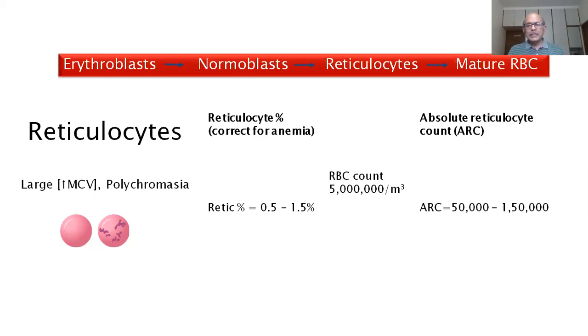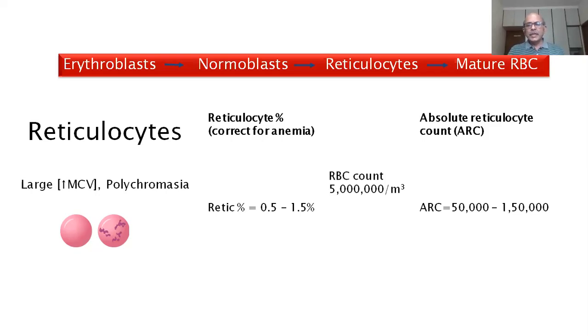Now imagine a situation where the patient has a hemoglobin of 4 gram percent and a reticulocyte count of 5%. For a moment you would think that this patient has reticulocytosis, but this patient in reality has an RBC count of only 1 million. So 1 million, and a reticulocyte percentage of 5%.